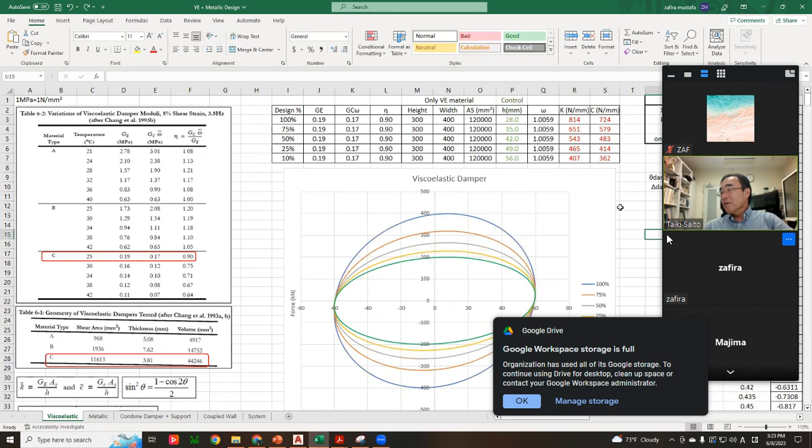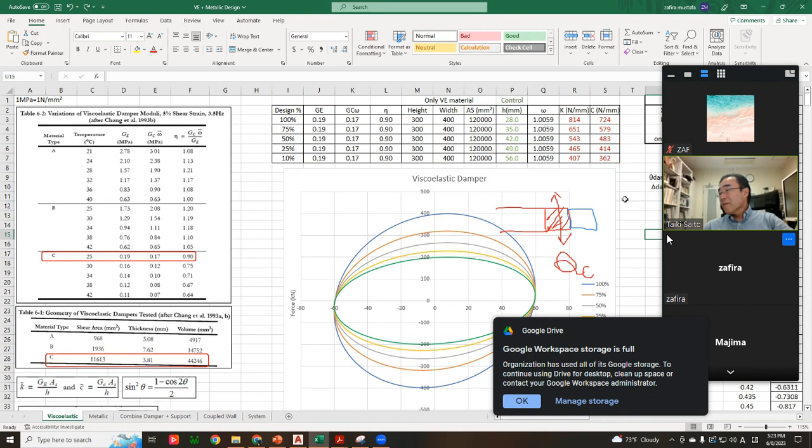And also, you have a viscoelastic damper. Yes. Okay. And this is a shear force of the viscoelastic damper. And then you put a metallic damper here. Okay.